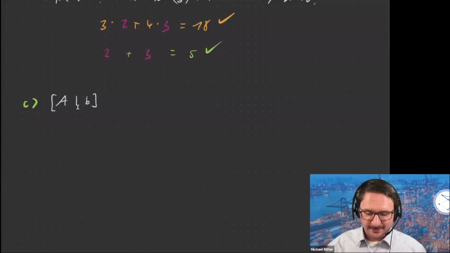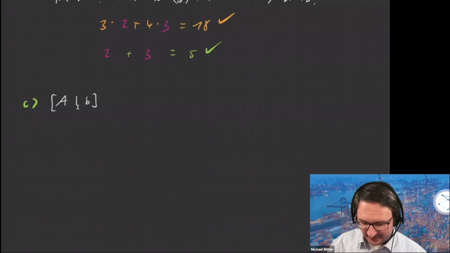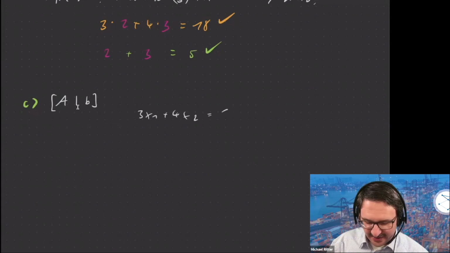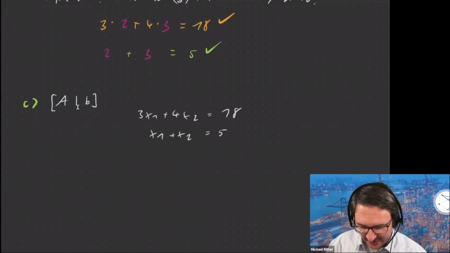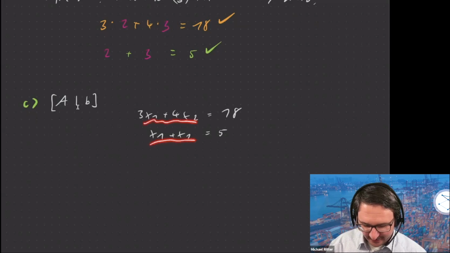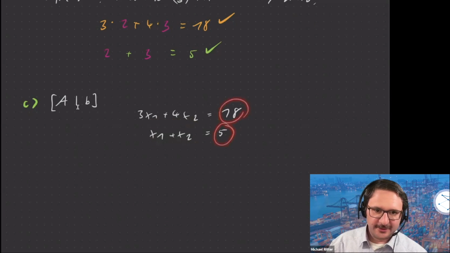Now that is already the case here. So if you look at that system once again, it already has the desired form. Like this. So all the x parts are on the left and all the non-x's are on the right.